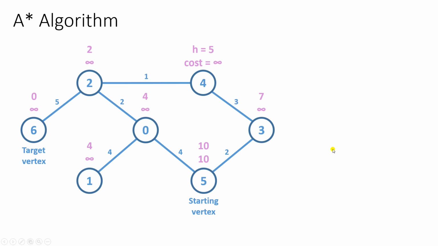But the cost in the A-star algorithm consists of the value of its heuristic function, and a heuristic function, in every case, is an estimation of how distant a vertex is from a target vertex. The cost consists of this heuristic value and the sum of the path weights leading to the vertex. You'll see in a moment what I'm talking about.